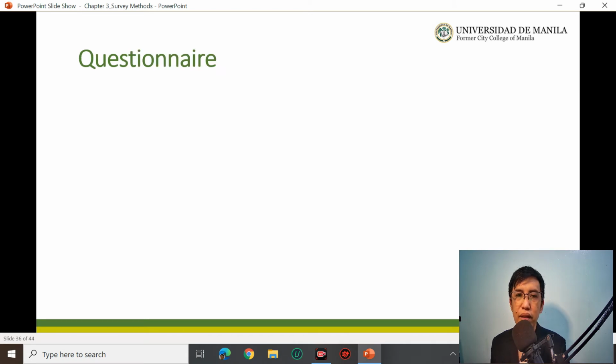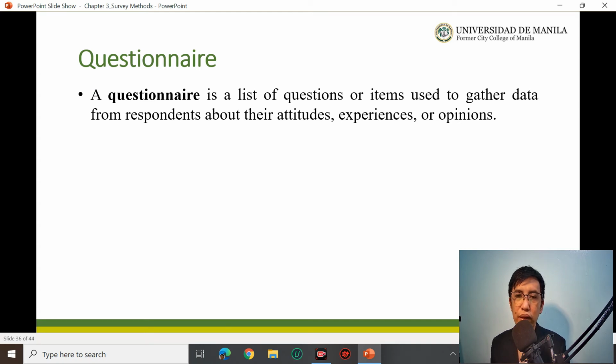Okay? And for the questionnaire, it is a list of questions, from the word itself. Questionnaire or items used to gather data from respondents about their attitudes, experiences, or opinions. Okay? So, ayun na, magkaiba ang survey sa questionnaire. Sinabi natin survey, it is the method of data collection. Okay?